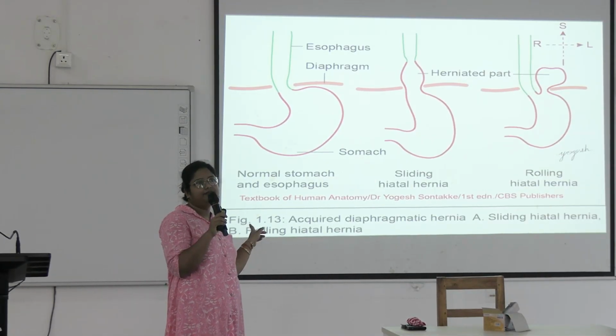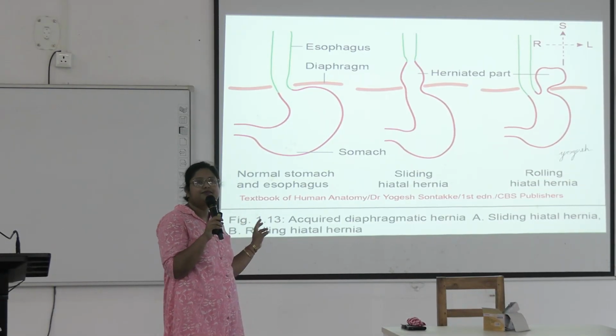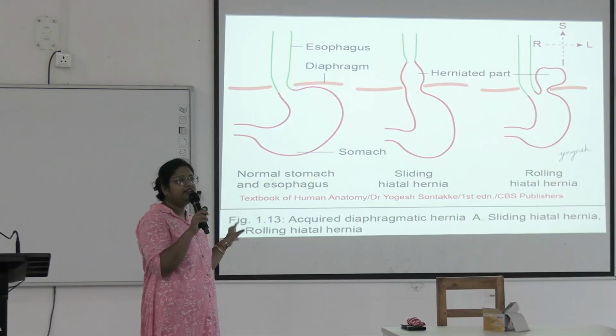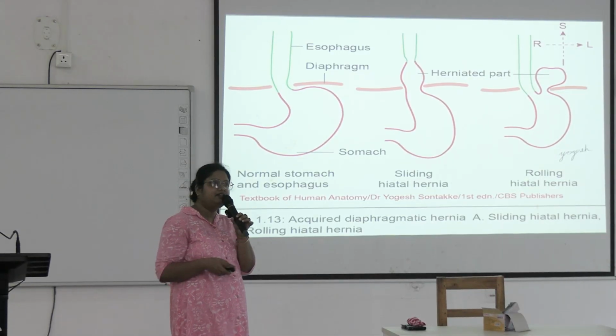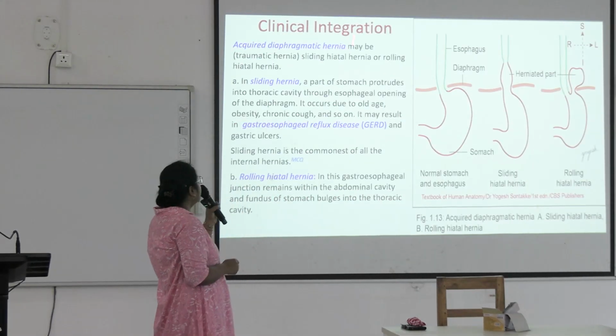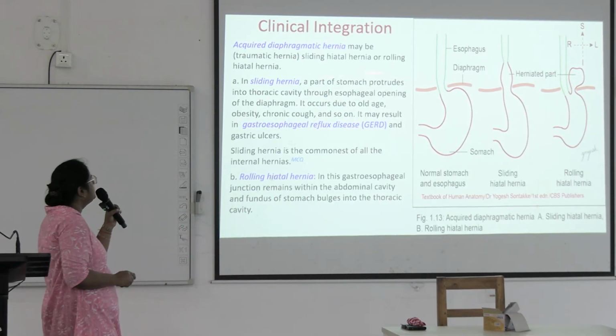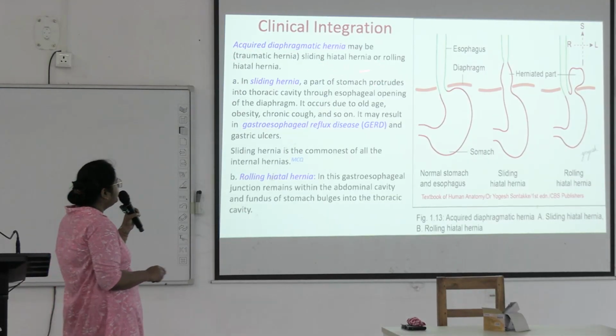Important for your viva and MCQs also. If diaphragmatic hernia comes in your short note, you have to write both congenital and acquired diaphragmatic hernia. Next, acquired diaphragmatic hernia may be traumatic, sliding hiatal hernia or rolling hiatal hernia.